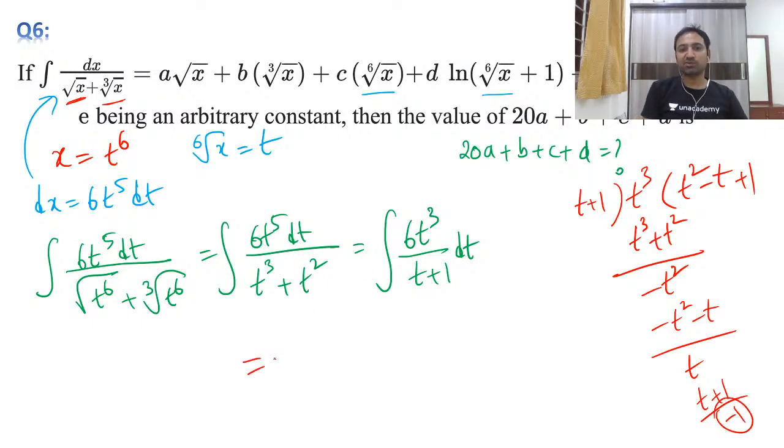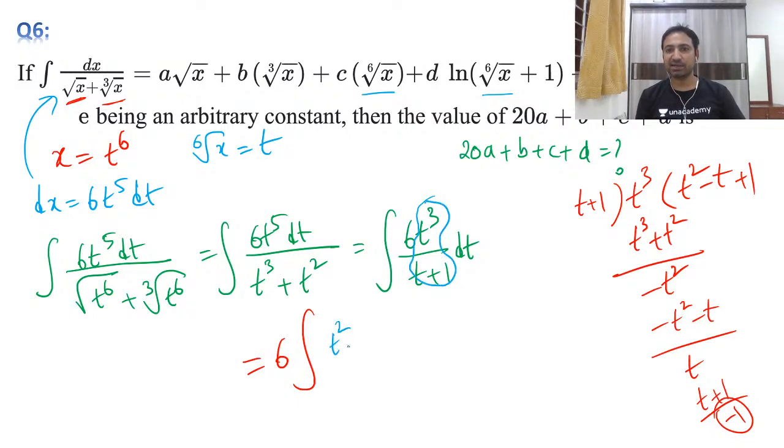So I can write this whole thing as 6 times t cube by t plus 1, which I can write as t square minus t plus 1 plus minus 1 by t plus 1, dt.